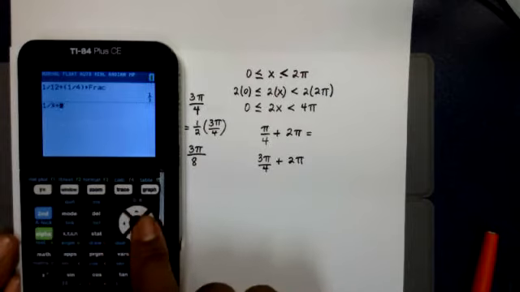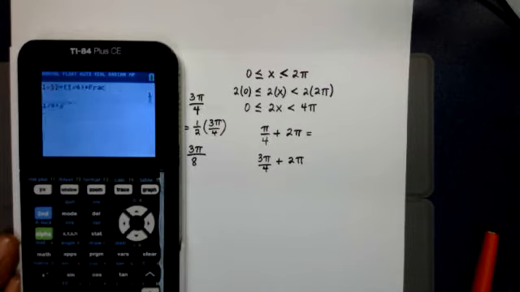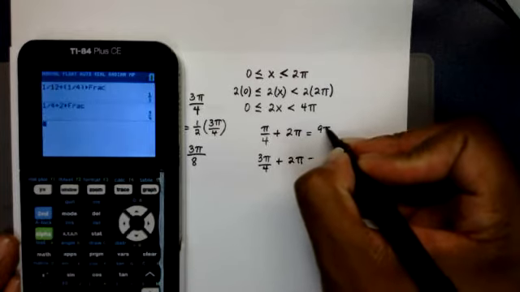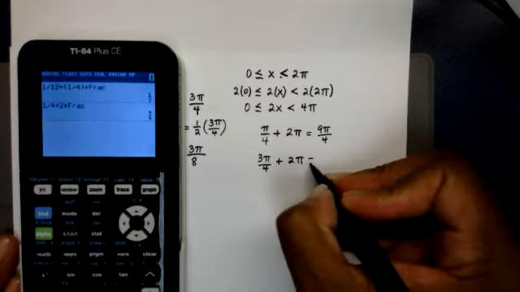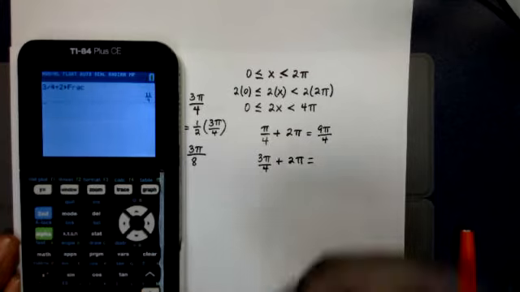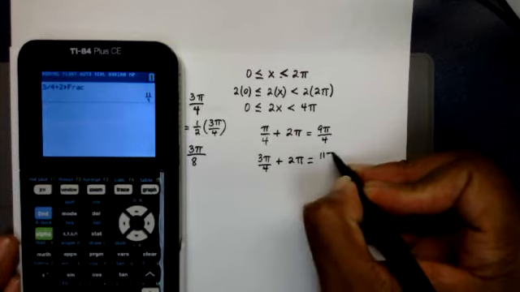So 1/4 plus 2, and then the math fraction, that'd be 9/4, or 9 pi over 4. And then for 3 pi fourths plus 2 pi, 3 divided by 4 plus 2, math fraction, 11 pi over 4.